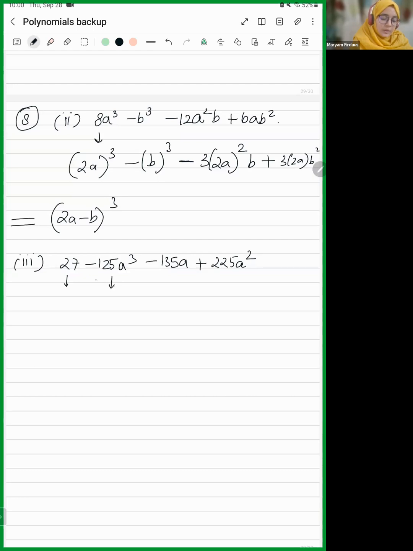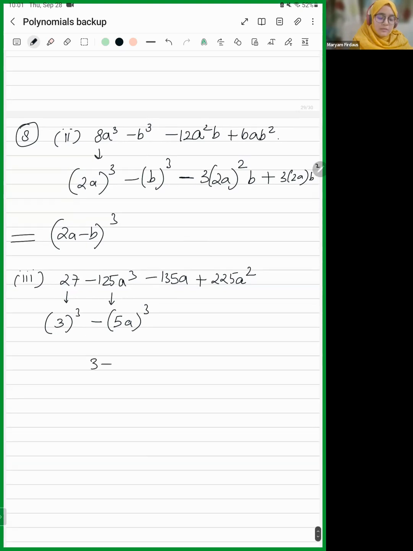3. Very good. So this can be written as 3 cube minus. 125 is the cube of what? 5. Very good. 5a whole cube. So can we tell which one it is going to be? It's going to be 3 minus 5a whole cube.